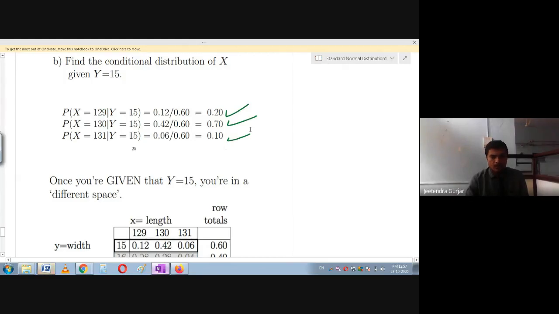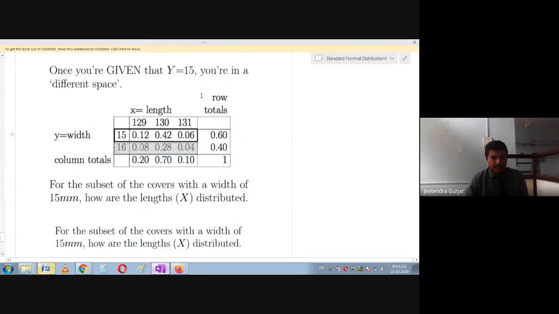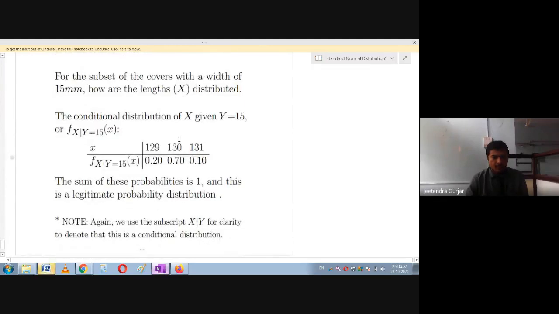Similarly, we can do this for y also. If you fix y is equal to 15 mm, then similarly we can calculate the x values. Therefore, we get the conditional distribution of x for 129, 130, 131. We get this function.